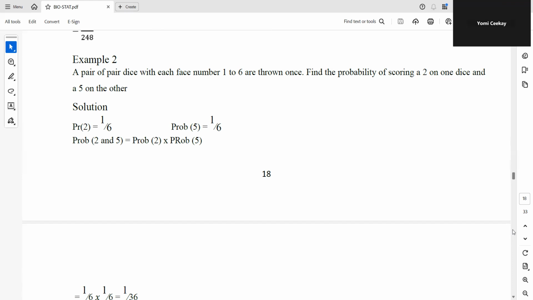Find the probability of scoring a 2 or a what? Solution. So what is the probability of picking a 2?